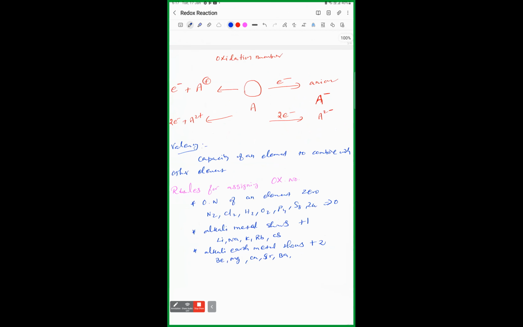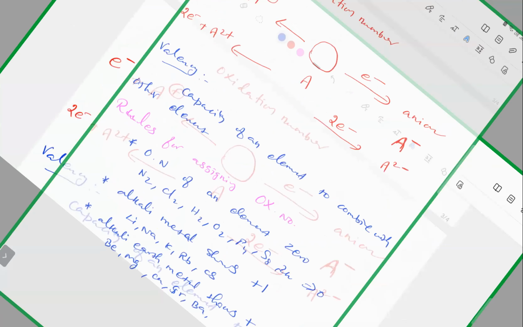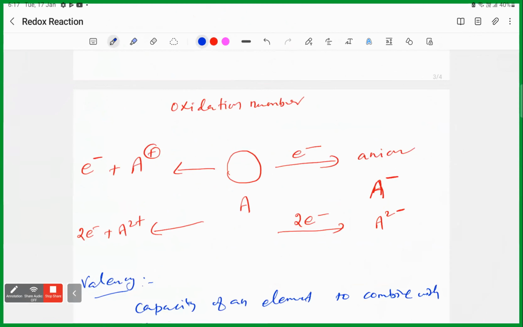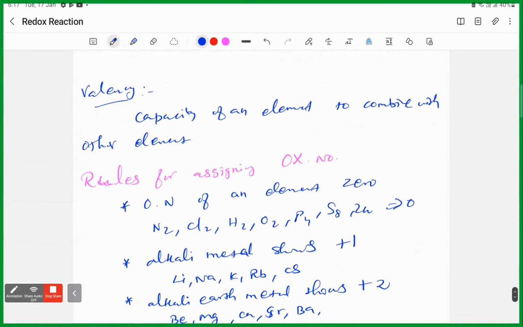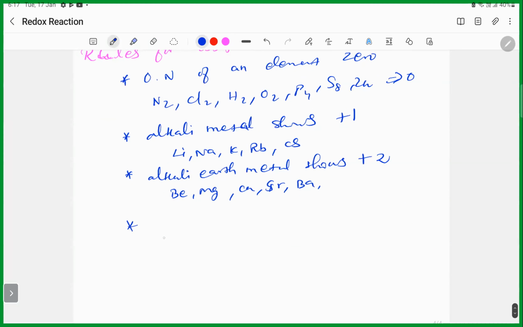And then for hydrogen, the oxidation number is +1, except in metal hydrides.